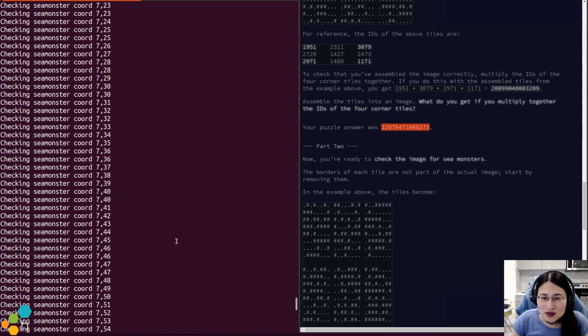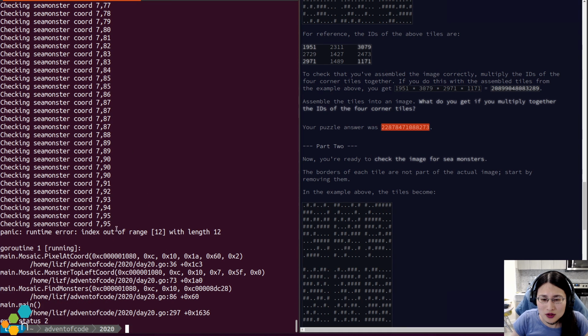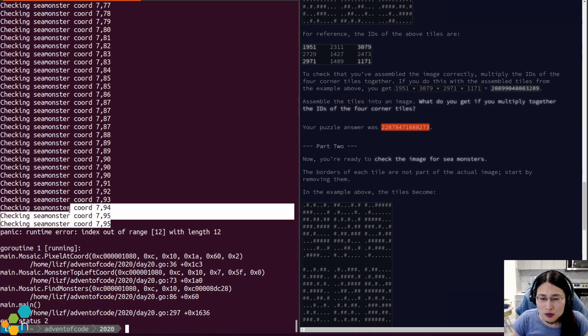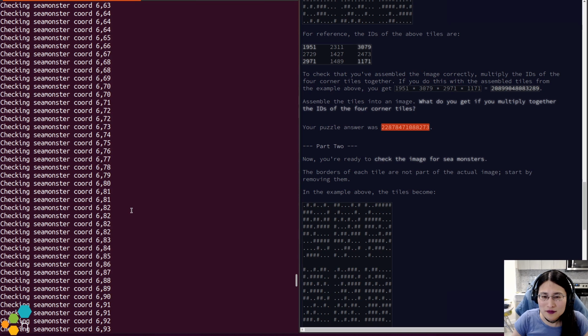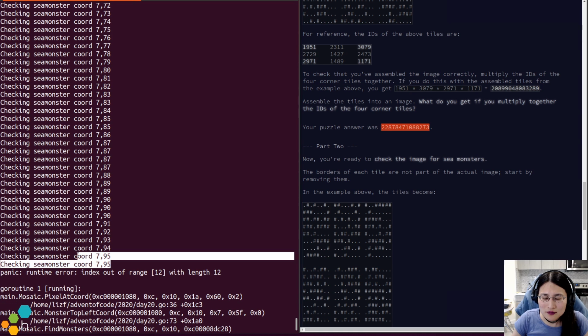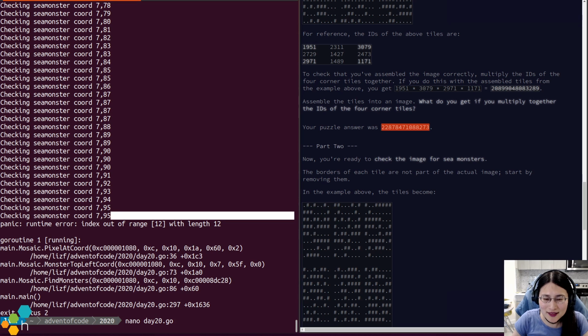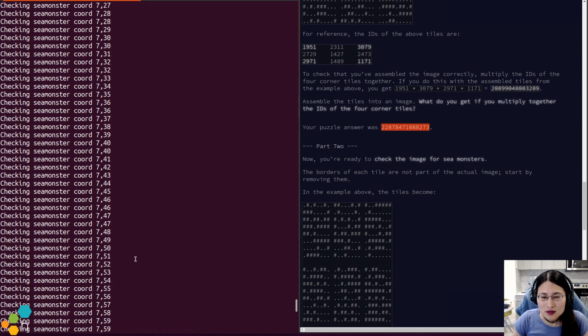So it tries to go up to 95, which would normally be fine. So it successfully fetched up to 95 here. But why does it fail there? Oh, because I'm going off the end. 6.5.